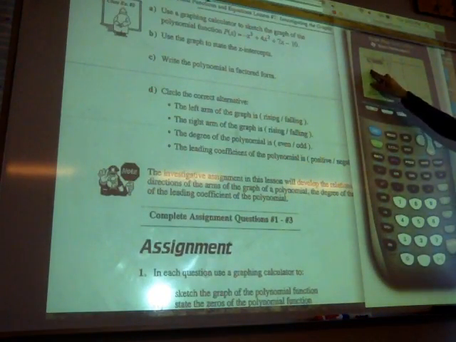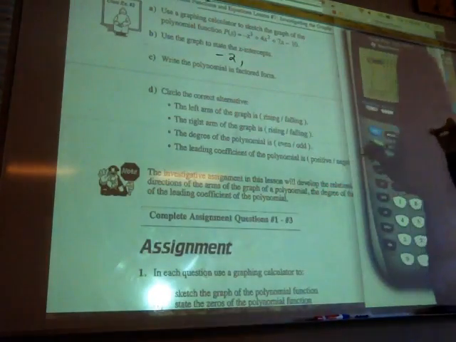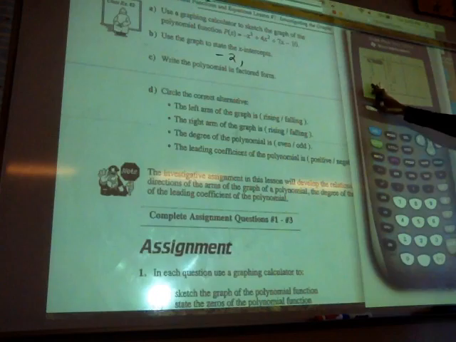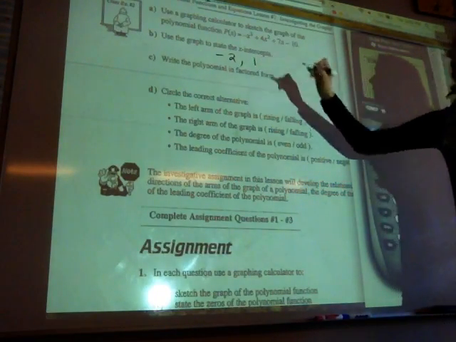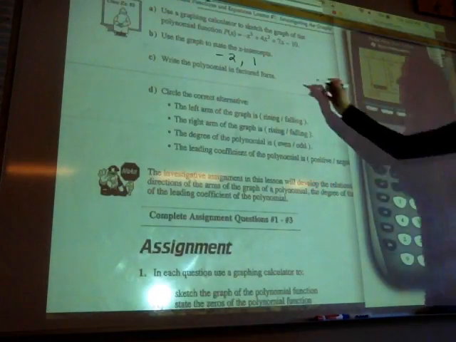So here we have -2 and y is 0, so one of my x-intercepts is -2. Okay, another one is at +1. And if you're unsure if there's more, you can go back to your graph and have a look. But if I keep going, 5 and 0 is another one.